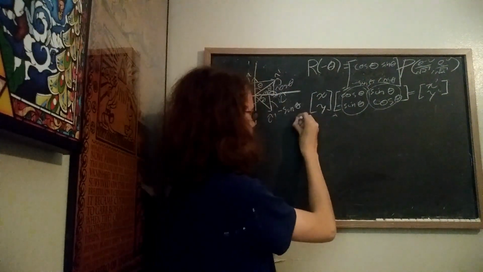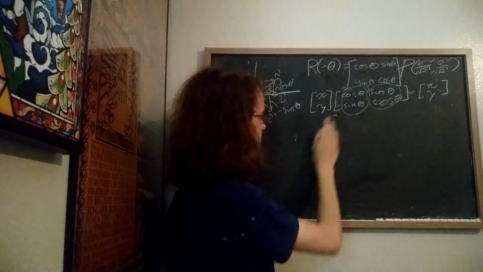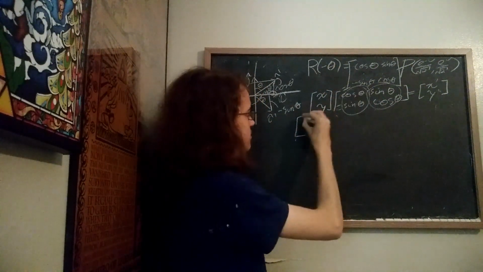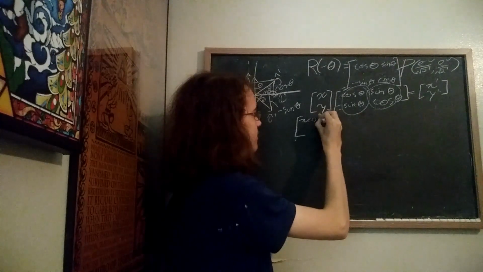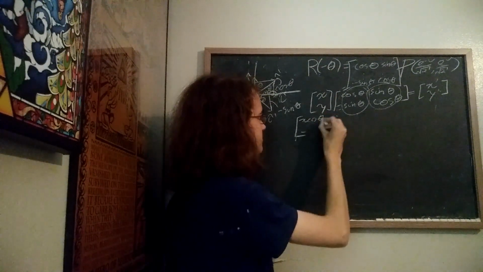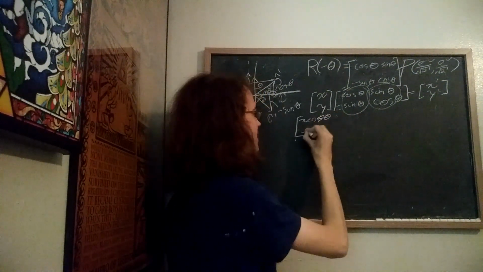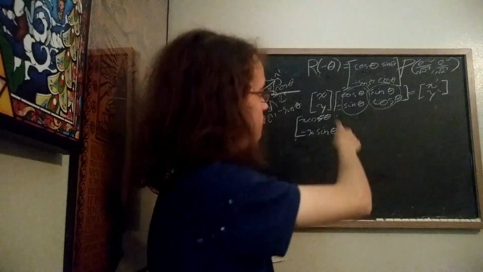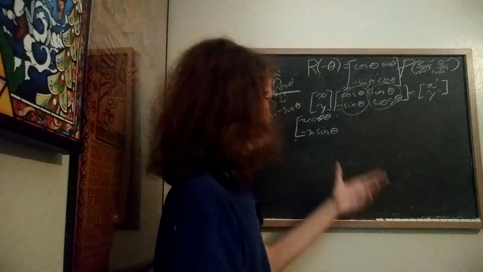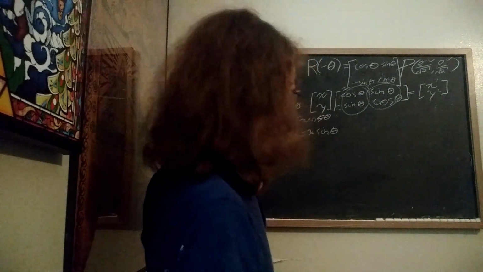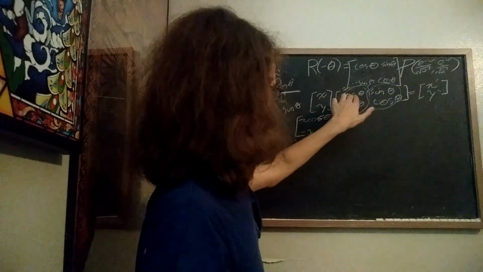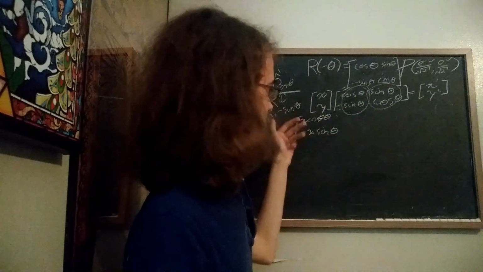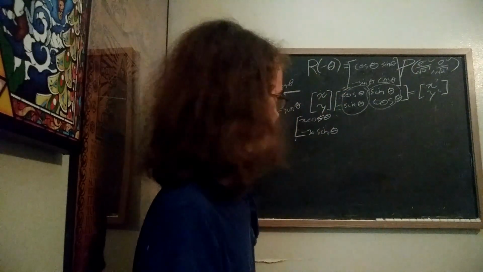So our new vector, let's make that a little smaller, is going to be x cosine theta minus x sine theta. And it's only going to have two components. And so this is going to give us the x component of the new i hat and the y component of the new i hat.